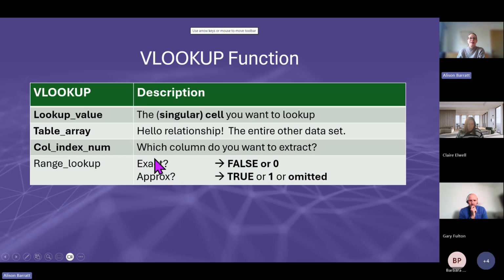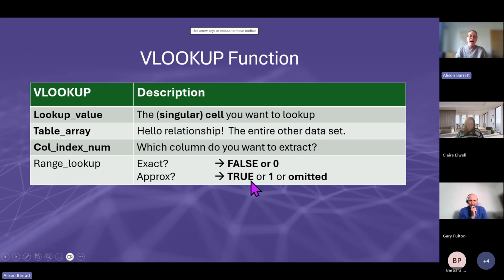And if you want an exact match, you need to put the word false or a 0 in the range lookup. If you ignore it because it's optional, it will assume you want an approximate match, which is more to do with finding tiers of numerical data, okay? Which we are going to look at in the session today as well. So I don't want it to default to approximate.